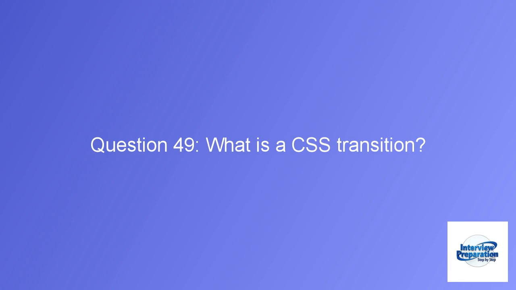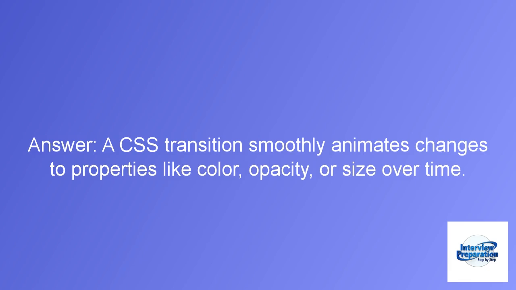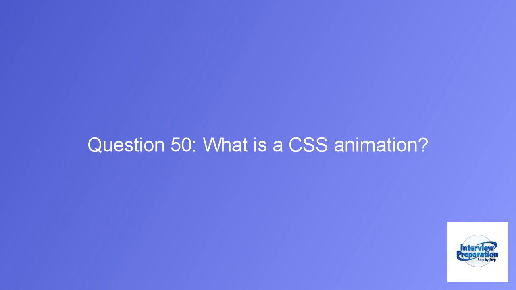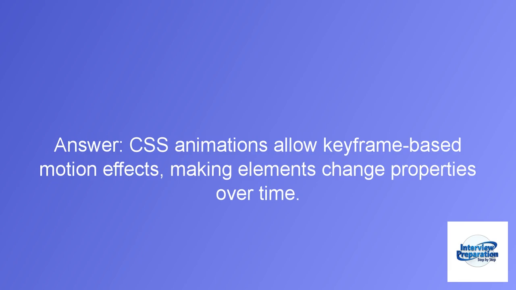Question 49. What is a CSS transition? Answer. A CSS transition smoothly animates changes to properties like color, opacity, or size over time. Question 50. What is a CSS animation? Answer.